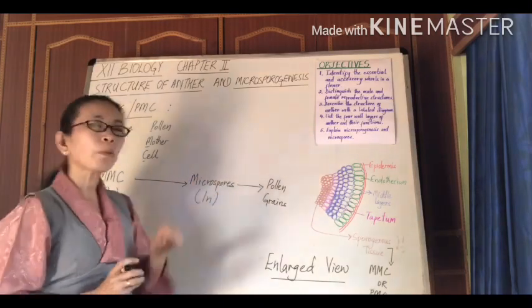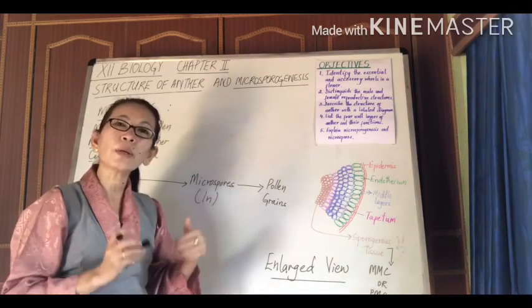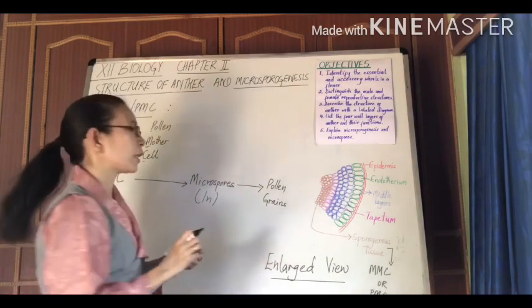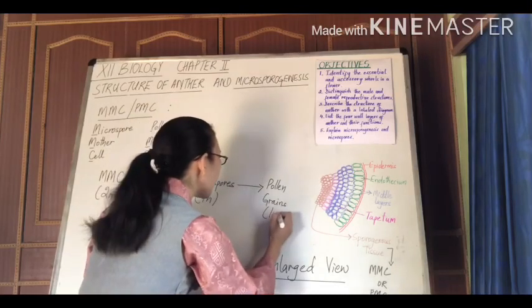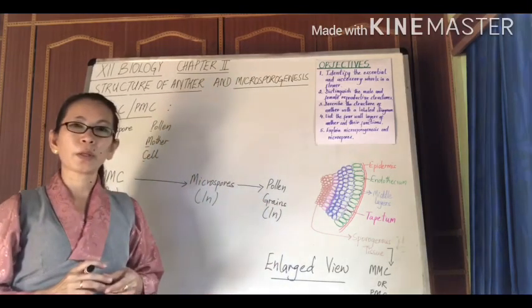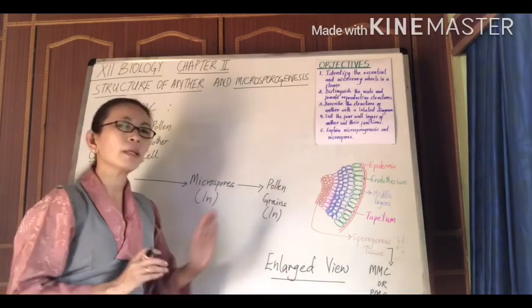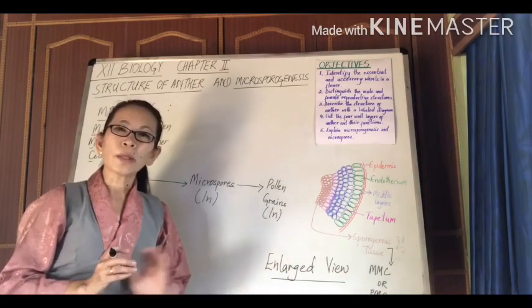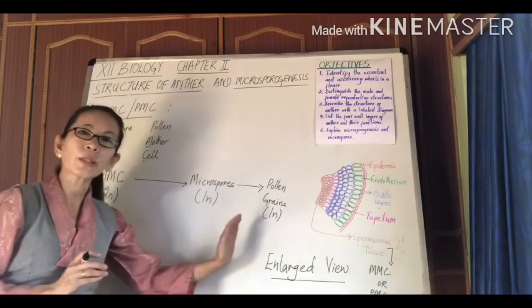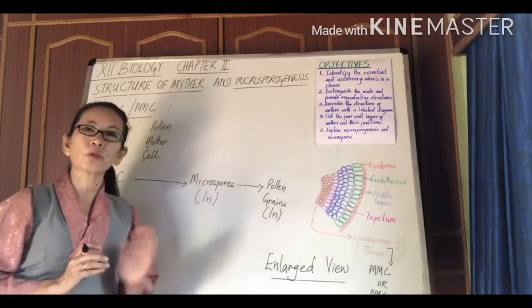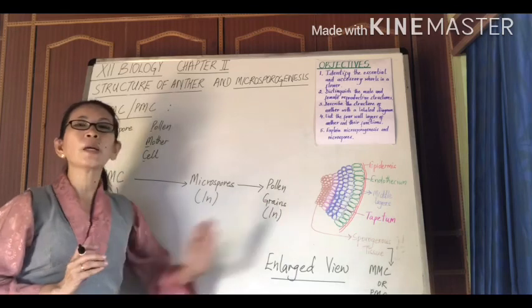Then the haploid microspores would further divide and differentiate into haploid pollen grains. Okay, pollen grains are also haploid cells. So such is the basic understanding of the divisions taking place during the process of formation of microspores and pollen grains.